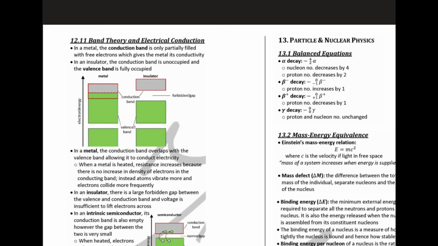Okay. Now, band theory and electrical conductivity. So first, in a metal, the conduction band is only partially filled with free electrons, which gives the metal its conductivity.